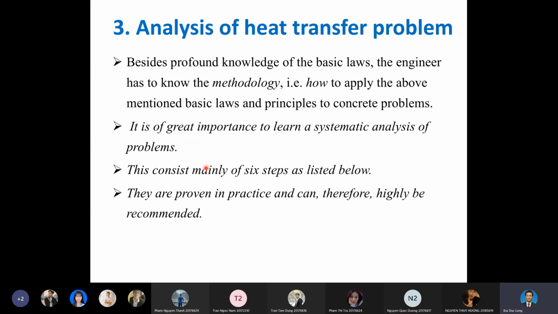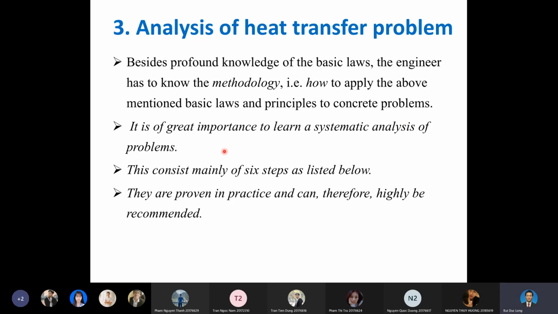Now we go to how we will study heat transfer. I will give you how we approach the problem and how we solve problems. Besides profound knowledge of basic laws, the engineer has to know the methodology, how to apply the above-mentioned basic laws and principles to a concrete problem.